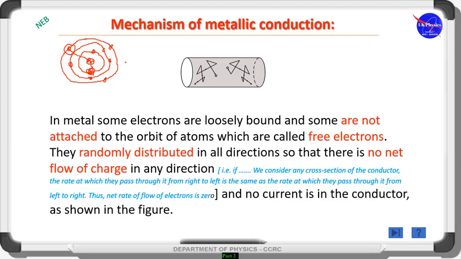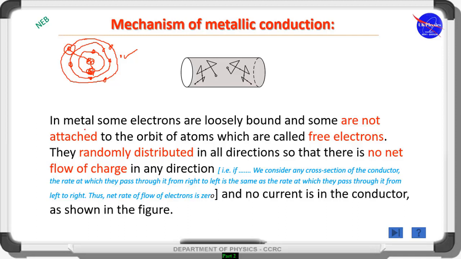There might be some electrons which are actually not attached to the orbit, which we call free electrons. These free electrons can move in either direction.